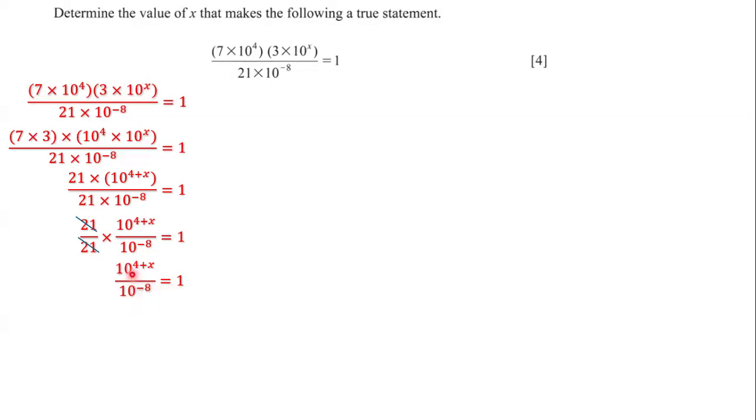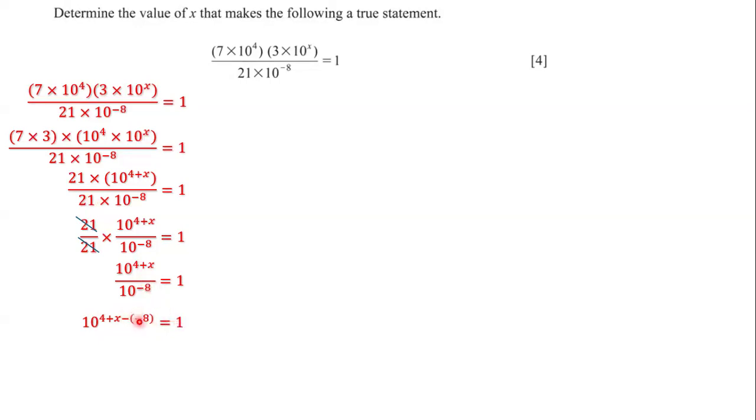We have two terms that have the same base, and we want to divide them. Now, whenever you have two terms that have the same base and you're dividing them, you have to subtract the powers. And so what do we have? Well, we have 10 raised to the power of 4 plus x minus negative 8, because we have to subtract the powers. And that should be equal to 1.